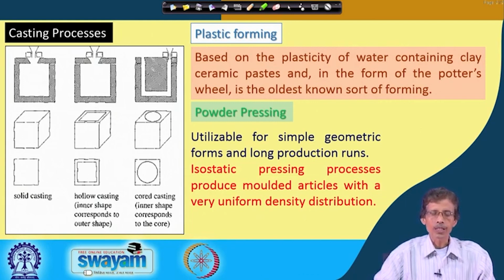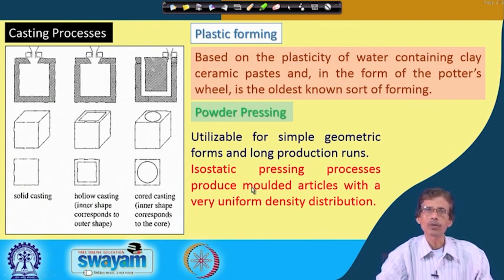Isostatic pressing gives molded articles with a very uniform density distribution, because one part cannot be very dense and another part low density. So the uniform mixing is also very useful, and that is giving you the corresponding utilization for your powder pressing process.